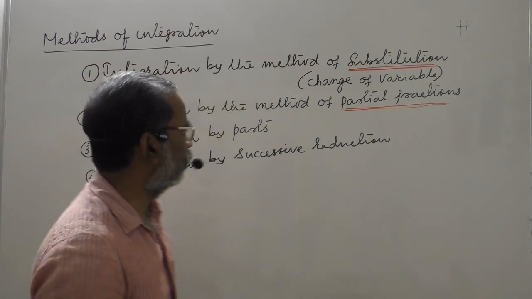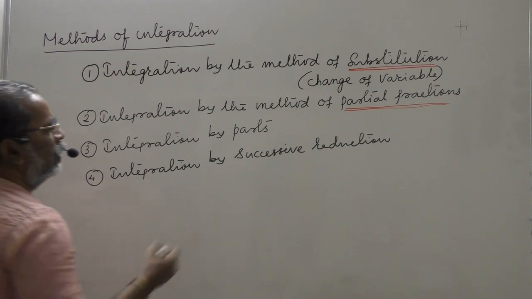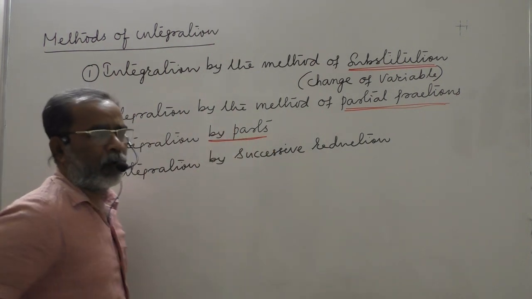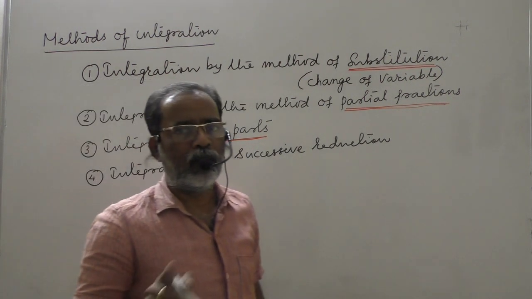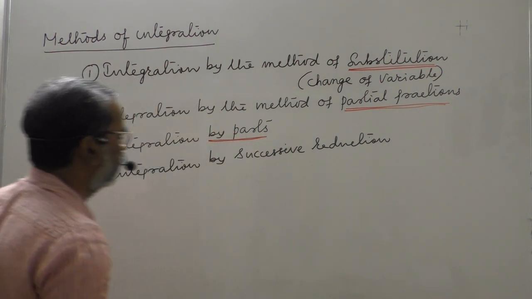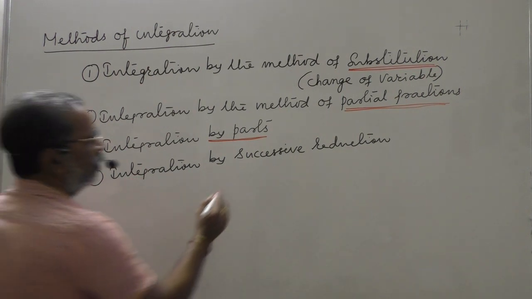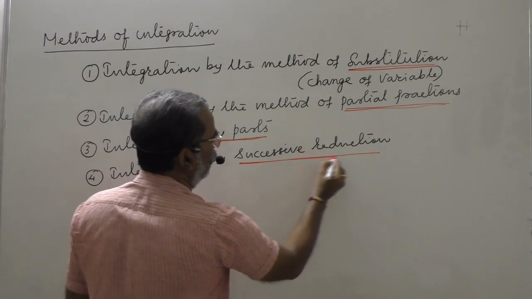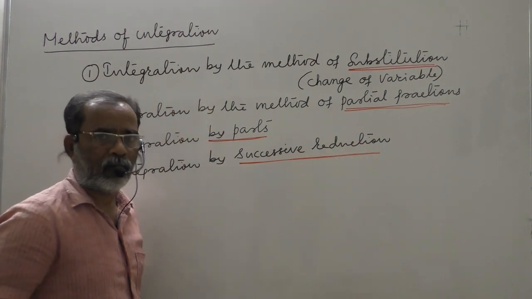You complete that. Next, the third one is integration by parts, that is the product rule, integral uv. Next is integration by the method of successive reduction.